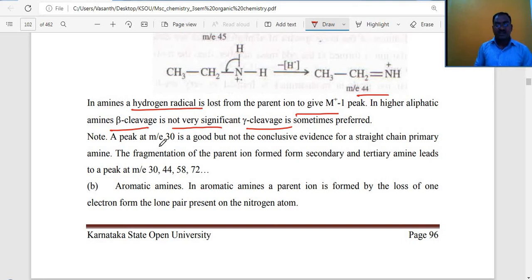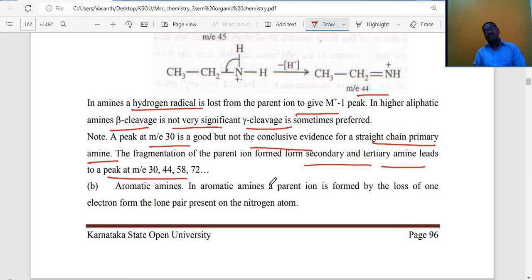A peak at m/e 30 is good, but not conclusive evidence for a straight chain primary amine. The fragmentations of the parent ion formed from secondary and tertiary amines lead to peaks at m/e 30, 44, 58, 72.